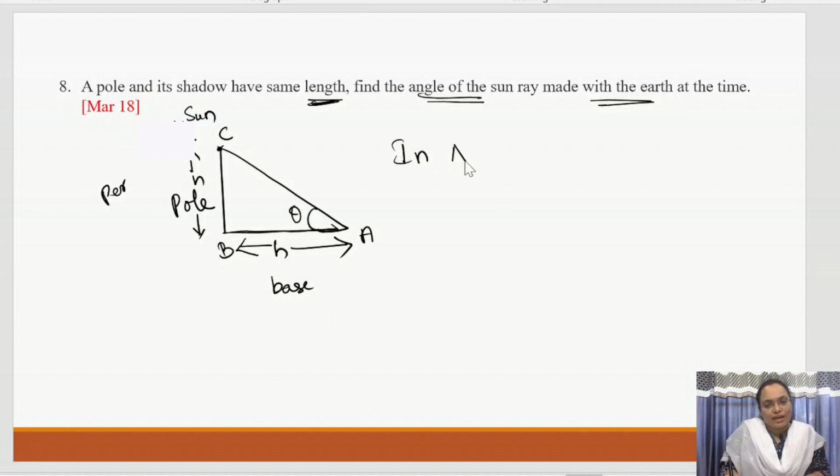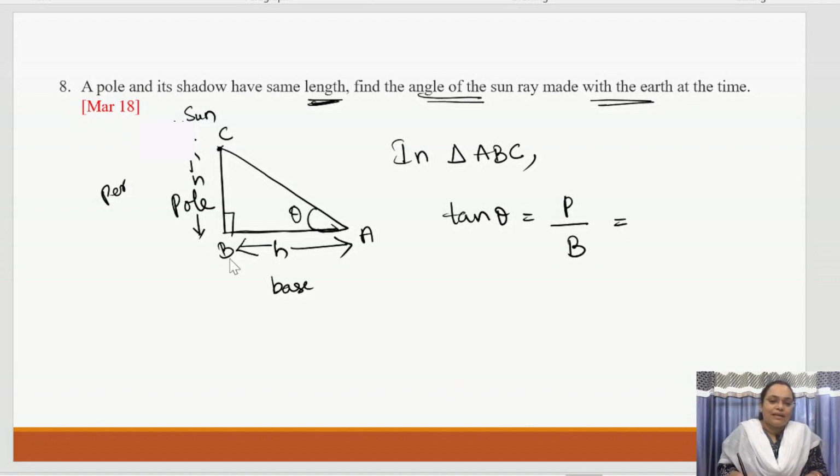So in triangle ABC, tan theta is equals to perpendicular by base. What is perpendicular here? H and base is also h. Because pole and the shadow have the same length.